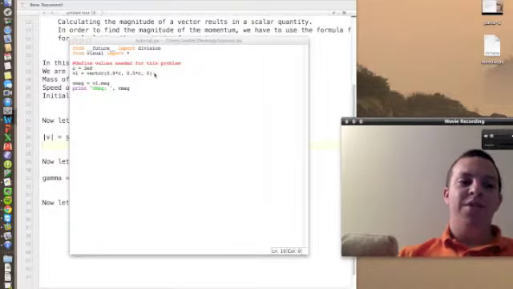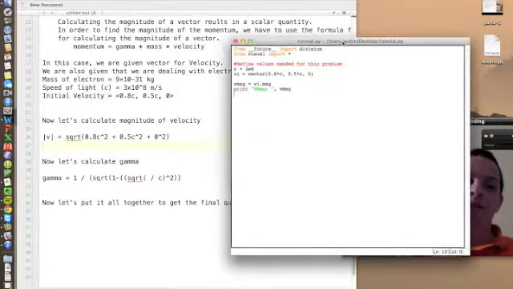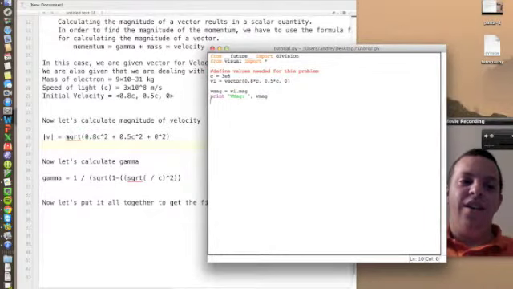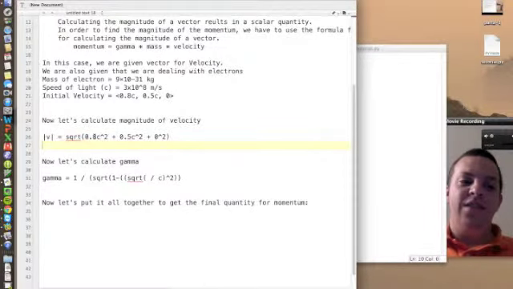So I'm using something called VPython, and it allows you to easily do vector operations and evaluate things like the magnitude. So from a formula here, that's right here. So we have magnitude of velocity, square root of 0.8c squared plus 0.5c squared plus 0 squared. There's a command that we use in VPython, it's called .mag.